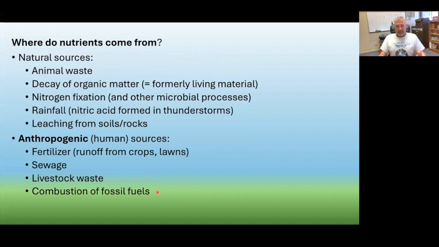So where do we get these, right? Well, they can come from a variety of sources that are natural sources and those that are anthropogenic. I've used this term before, anthropogenic, from human sources. So decay of organic material is a really important one in these wetland environments. As plants go through their life cycle, when they die off, they go into senescence.